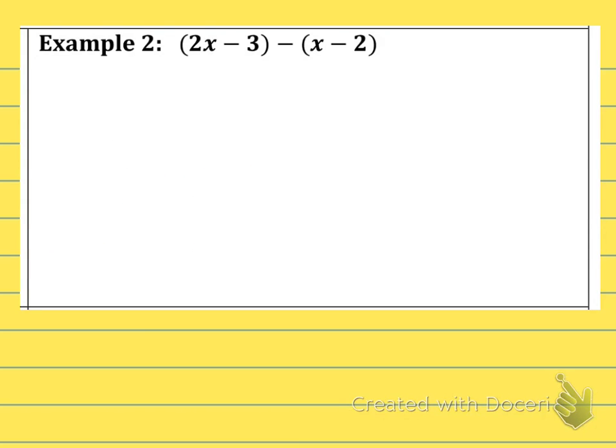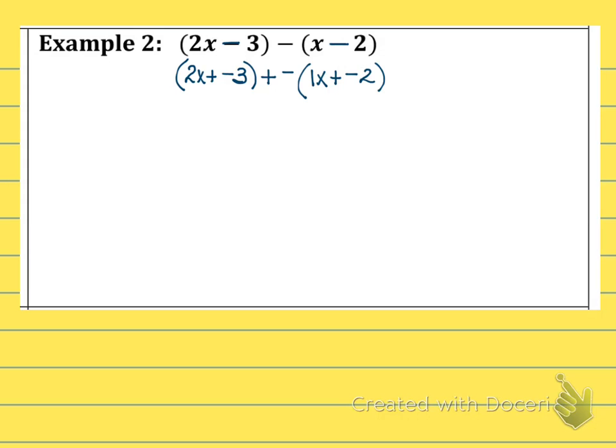Take a look at example 2. Again, we've got some subtraction going on, but we also have subtraction in the two original expressions. So let's rewrite that. So I've got 2x plus negative 3 plus the opposite of, I'm going to put a 1 on this x, plus negative 2.